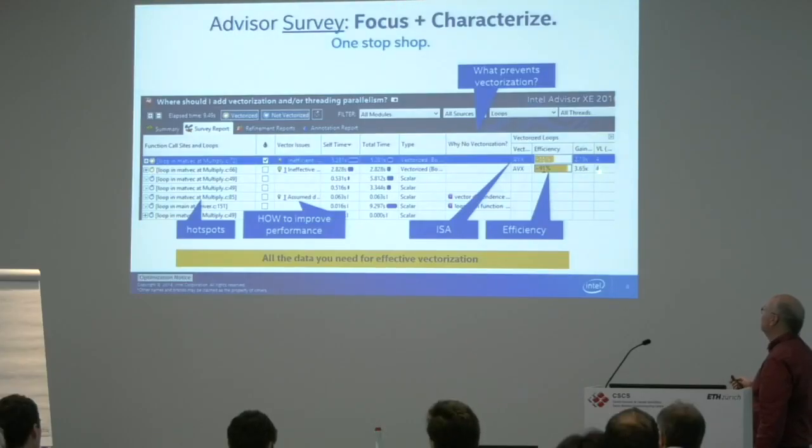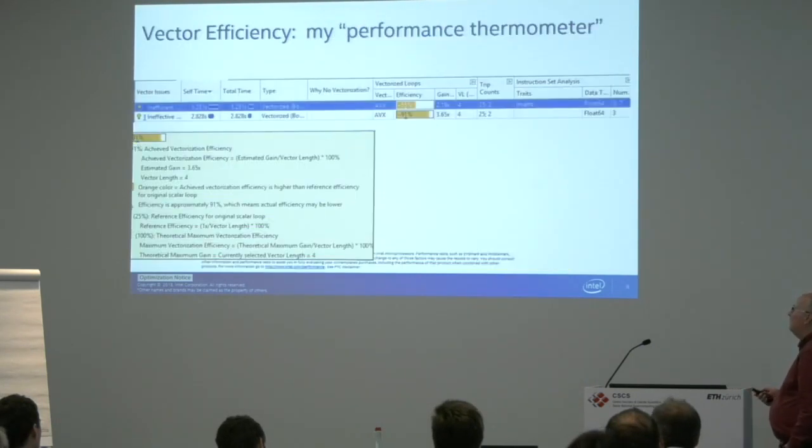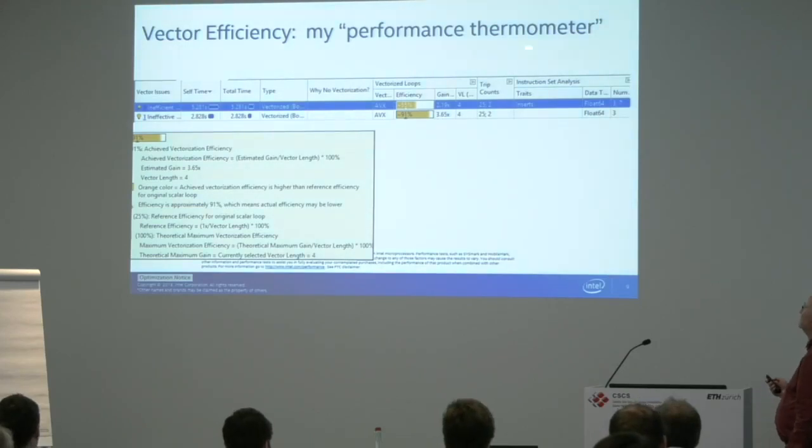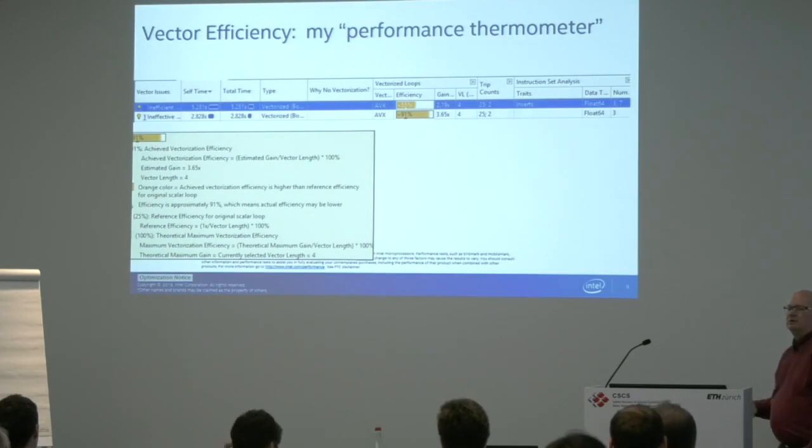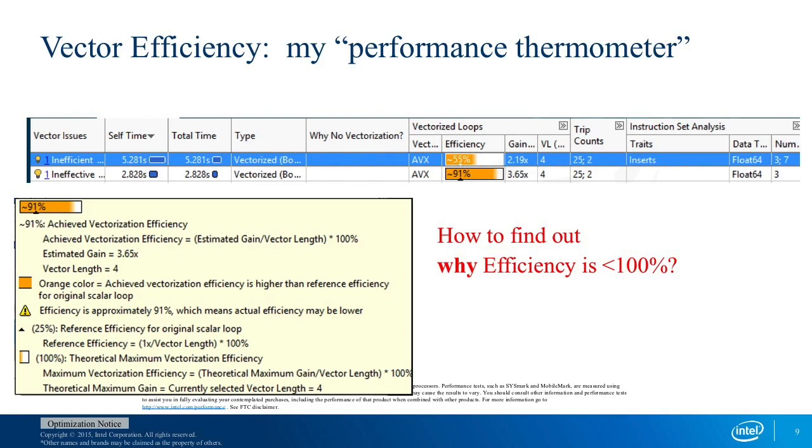The gain and the vector length is just 4 here. As I said before, it's called the performance thermometer. The thermometer is the efficiency, and we want to know why the efficiency is low, and probable reasons we have talked about already, and most of the time it's the memory access, I would say.